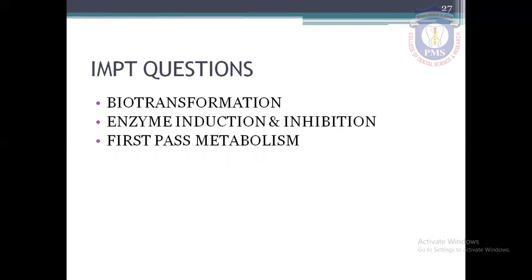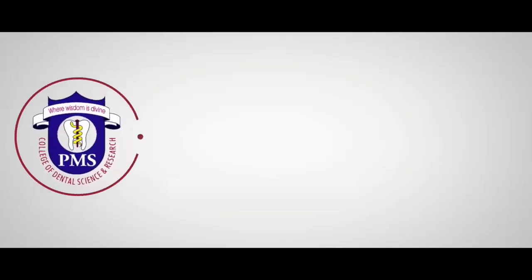Then about first pass metabolism. First pass metabolism is metabolism of a drug that occurs before reaching the systemic circulation. As a result of high first pass metabolism, there is reduction in bioavailability.